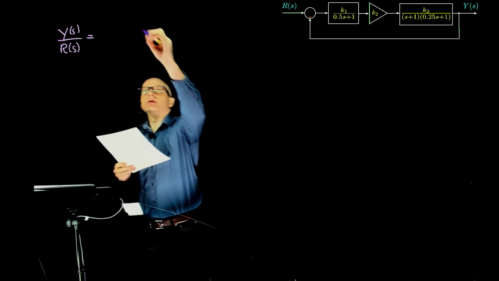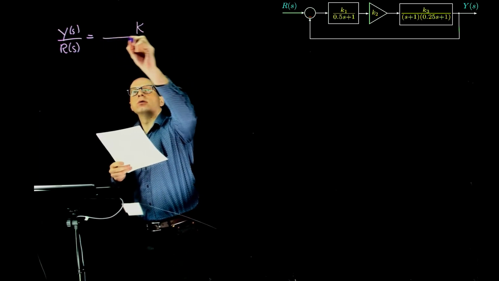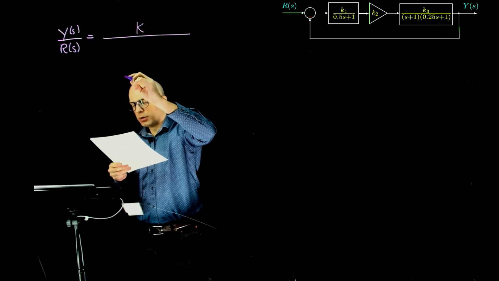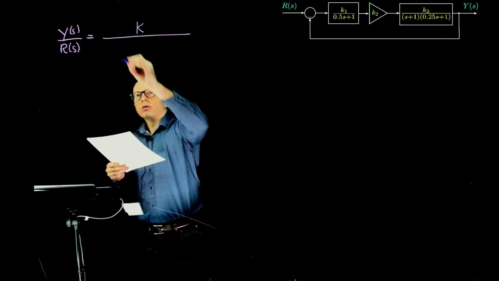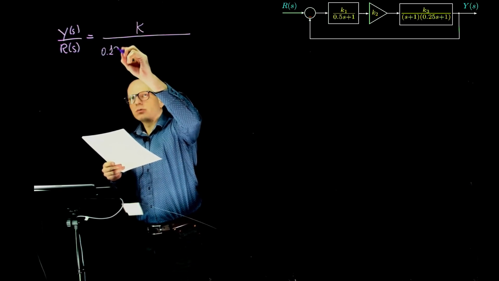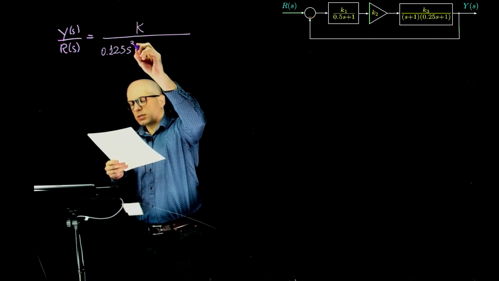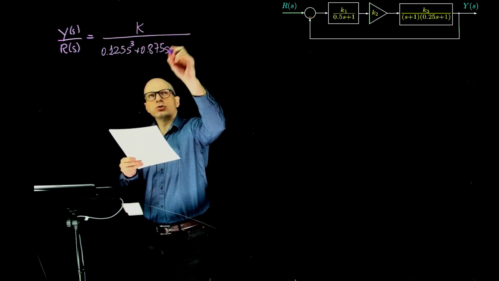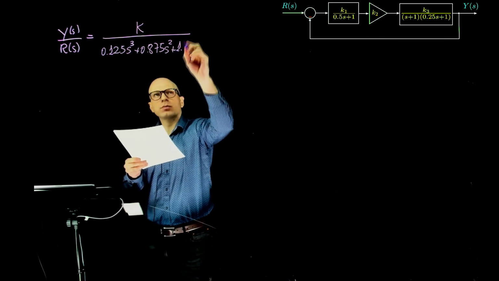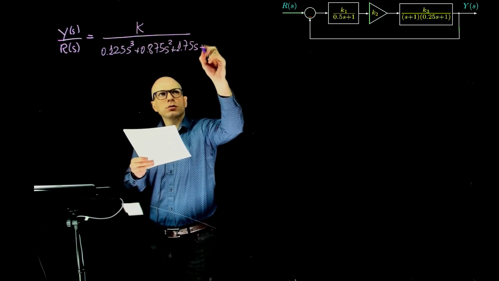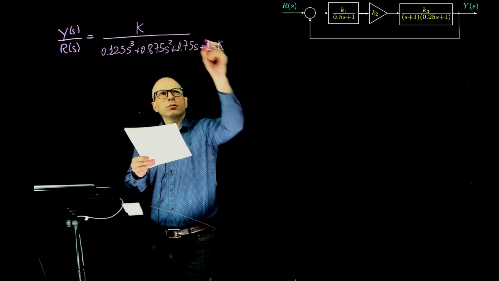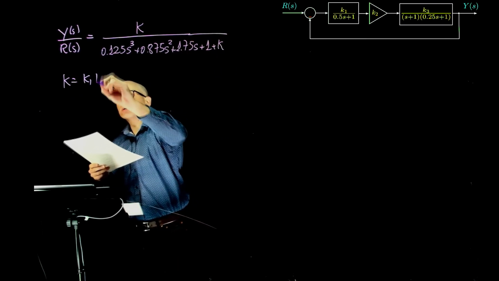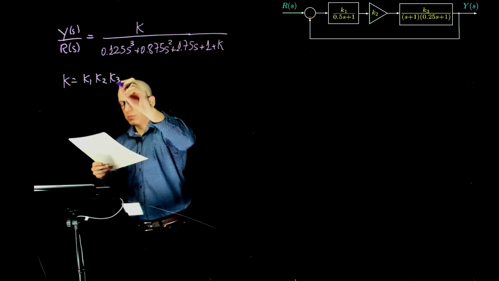And this should be K divided by... I'm going to give the final results here, so that will save some time, because this, at this point in the game, should be trivial. Plus K, where K is K1 times K2 times K3.